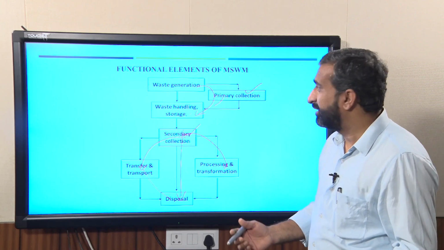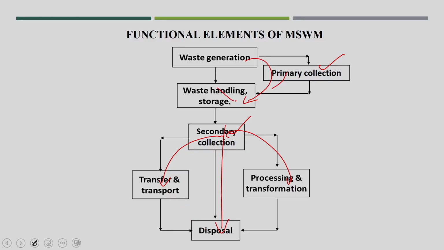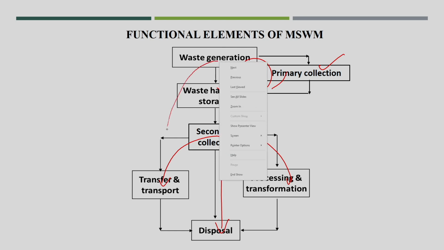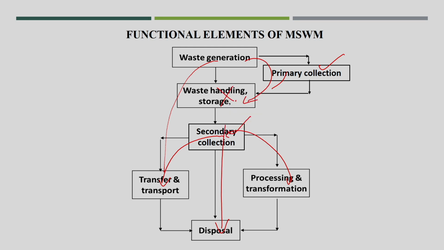So, it is possible that we do not require dustbins, and directly from the waste generation site the waste will go to the transfer station, and from the transfer station to either the processing site or the disposal site. In this case this is considered primary collection, and the transportation is mostly on outside roads or highways to the disposal site.